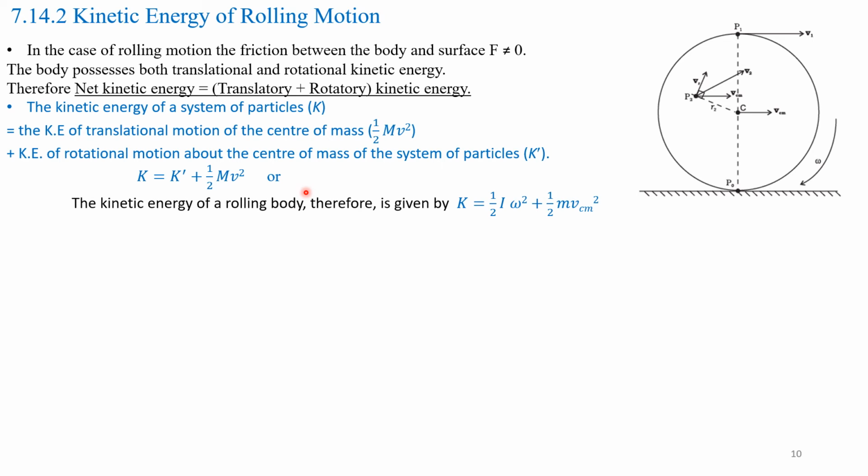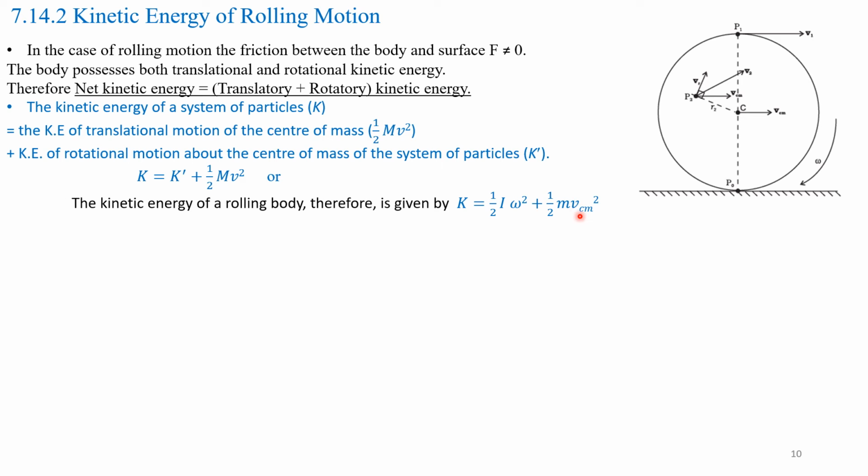This equation can also be written as the kinetic energy of a rolling body, where K dash is, we know, half I omega square. Therefore, K is equal to half I omega square plus half m V cm square.